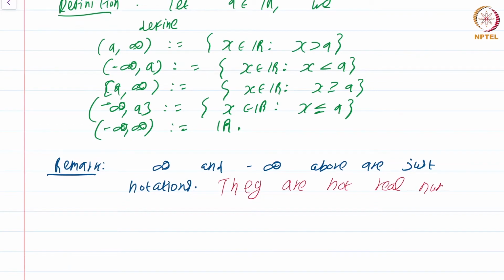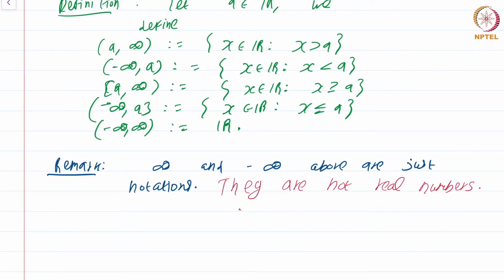Okay, in particular, it doesn't make sense in this course to talk about the set minus infinity A, for instance. That simply doesn't make sense. They are just symbols. And it doesn't make sense to ask what is infinity minus infinity or what is infinity by infinity, because we are not treating them as real numbers. They are just a convenient notation that will enable us to talk more freely about infinite limits.